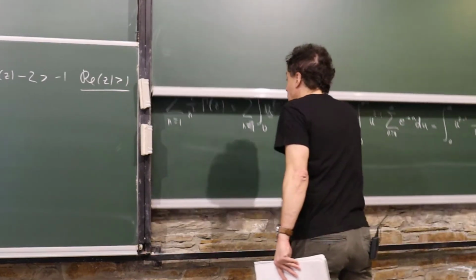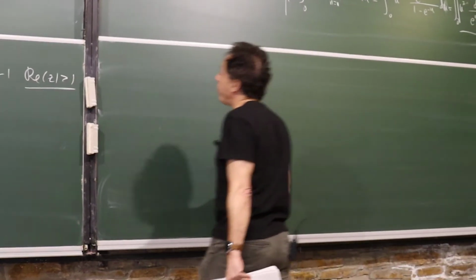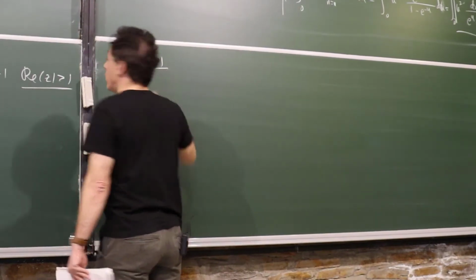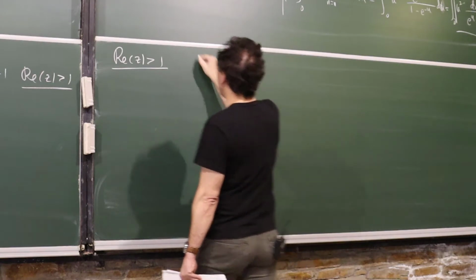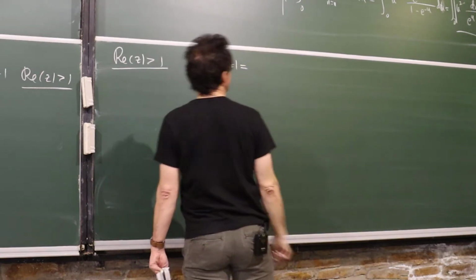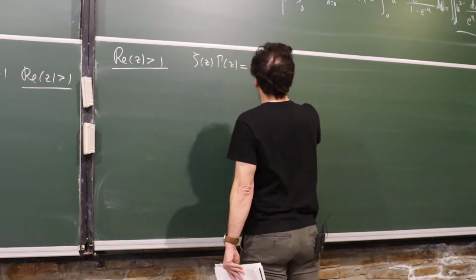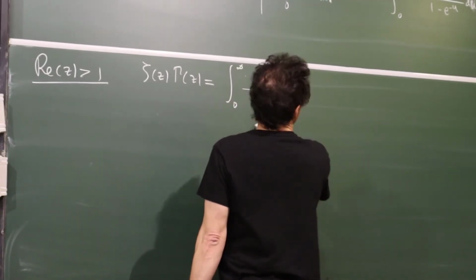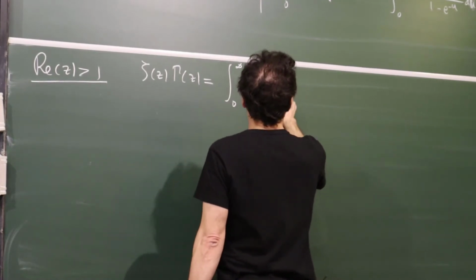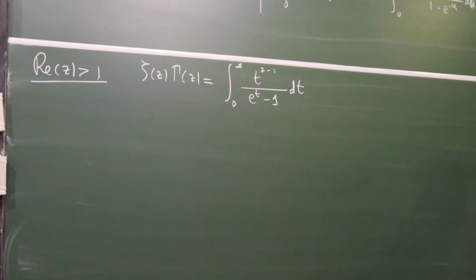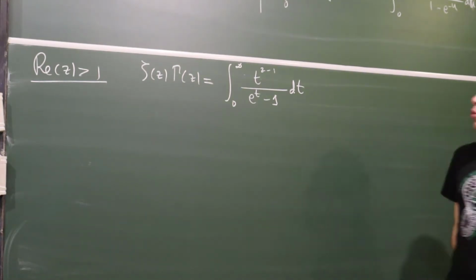So we have arrived at the following formula: for values of z with real part greater than 1, zeta of z times gamma of z is equal to the integral from 0 to infinity of t^(z-1) over e^t minus 1, dt. That's going to be quite interesting.